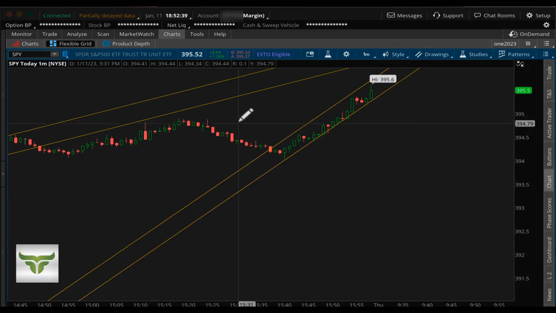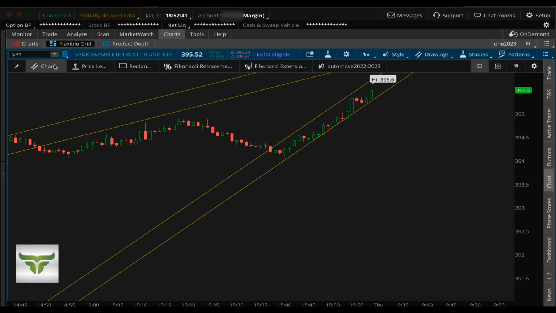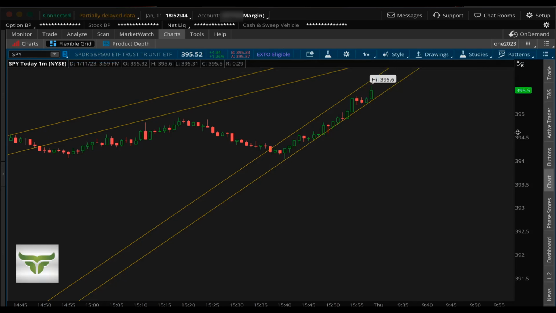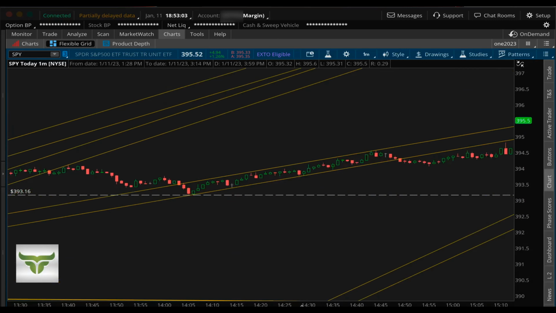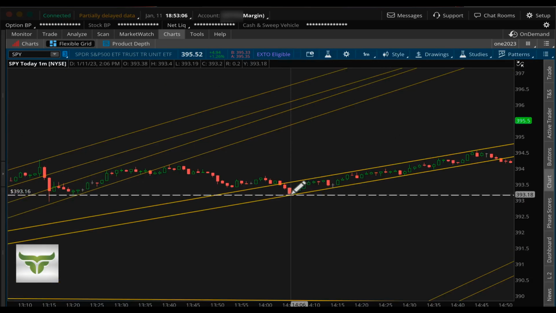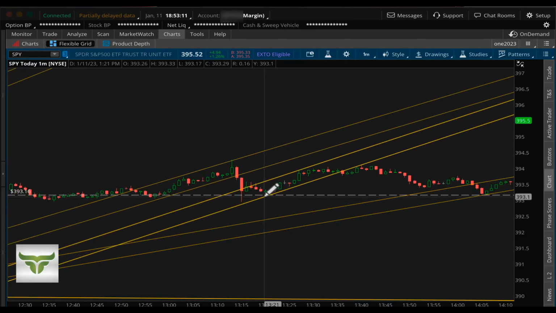393.16. So let me come over here and let me draw the channel tool for you. And we'll go to 393.16. So you see 393.16. Because it hit it 3 different times. Like that was resistance. So let's come over here. So that's support right there. Support again.